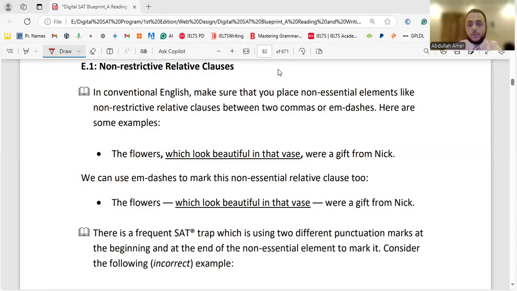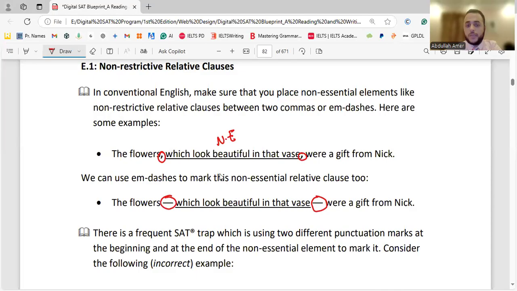And we said also that we can use two commas, parentheses, and here we're going to add the non-essential element between em dashes or commas. Okay, the flowers, which look beautiful in that vase, were a gift from Nick. So, which look beautiful in that vase is non-essential.